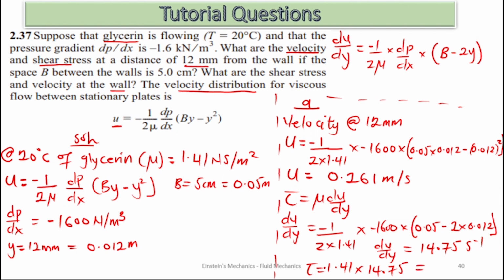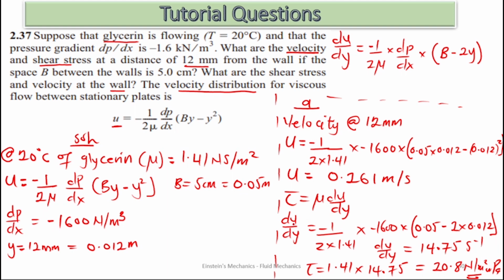And this shear is going to be 20.8 Newton per meter square, or Pascal. Are we good? All right. So the shear stress acting on the fluid at this distance of 12 millimeter is 20.8 Pascal or Newton per meter square.